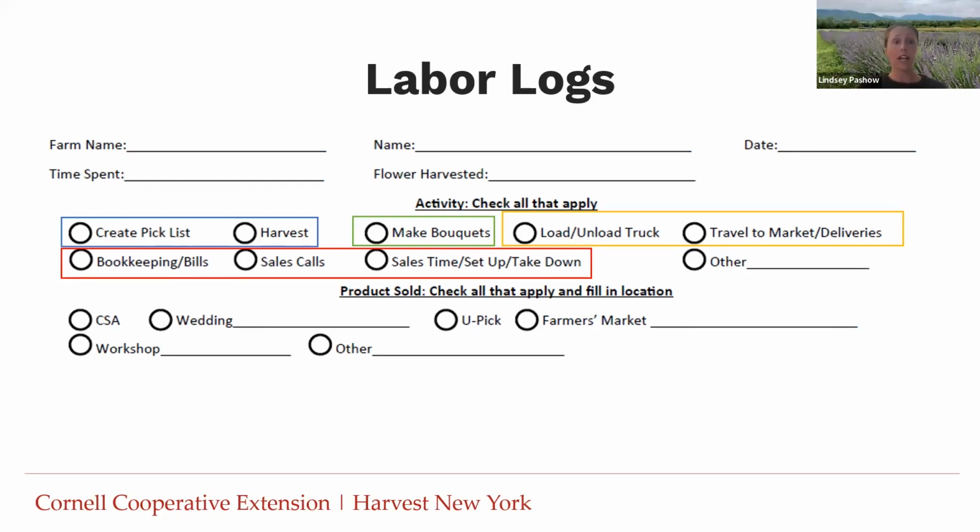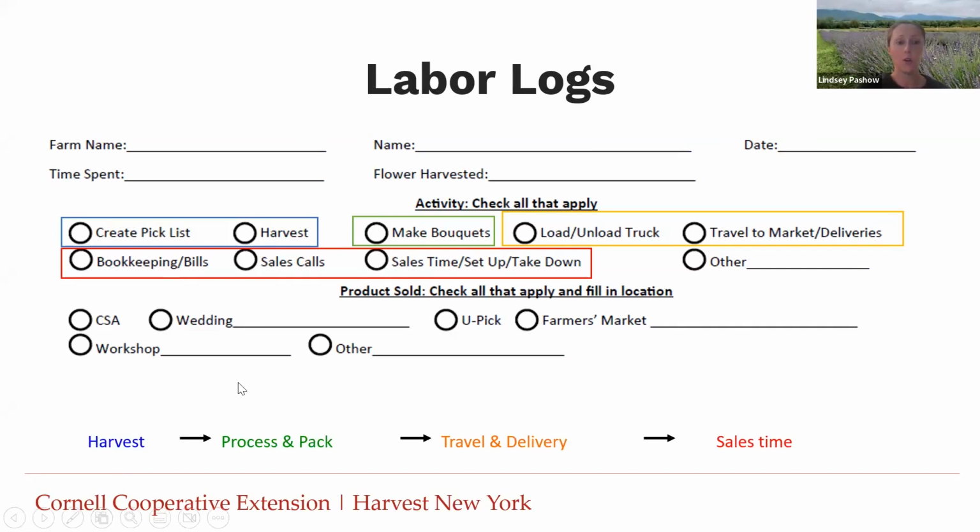For the labor log, the activities I put down were your picking and harvesting, making the bouquets, your travel, your bookkeeping, sales calls, sales times and takeouts. What you would actually do is ask your employees to fill these logs out when they're doing the work so they can help you keep track of everything.